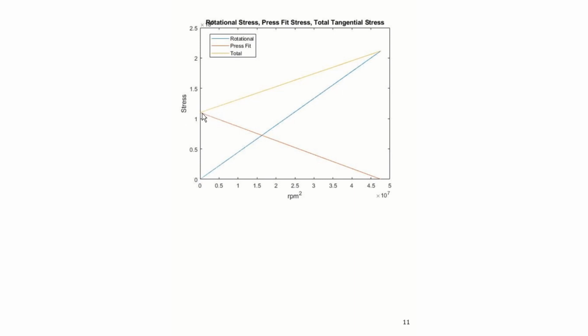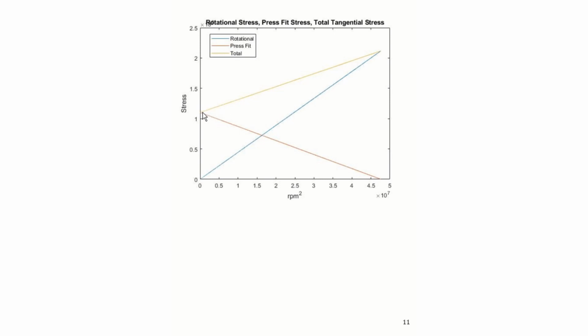We have a press fit pressure that starts out as the maximum pressure at 0 RPM, but as we increase the speed of the disk, this press fit pressure decays and goes to 0. It's kind of interesting to note that these are linear in this plot.